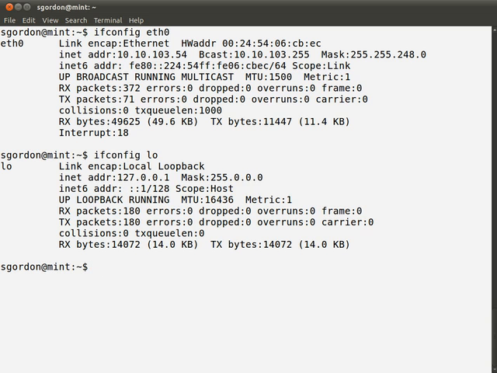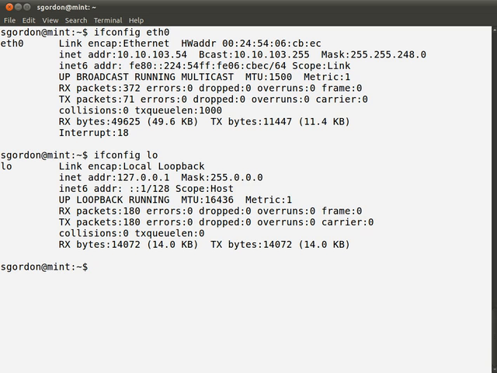It's about 4 million. So with this subnet mask, the maximum number of hosts that can attach to this subnet is about 4 million.